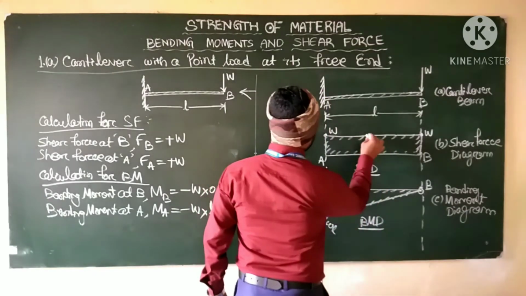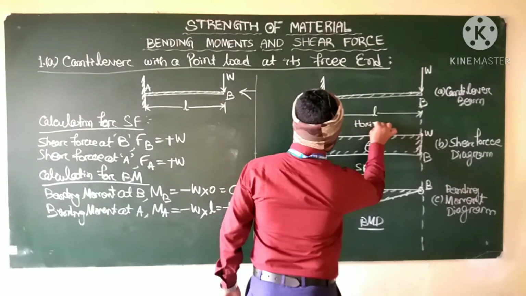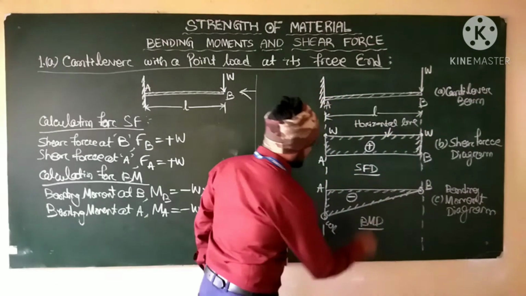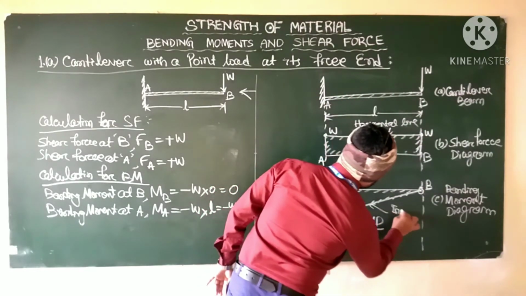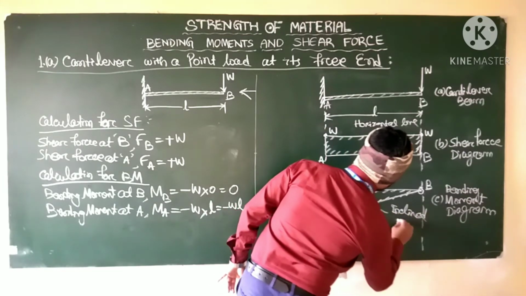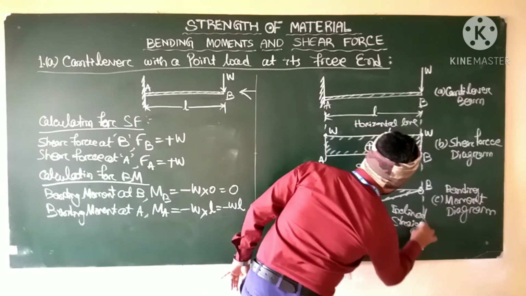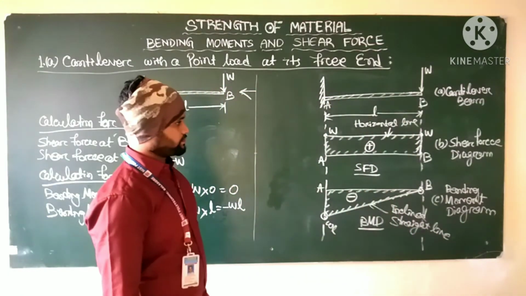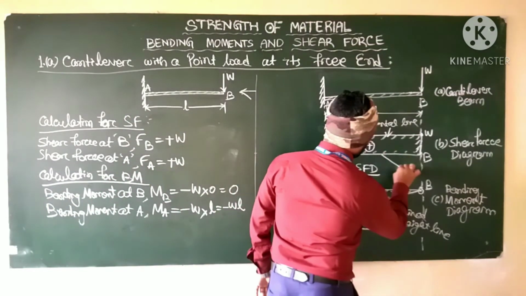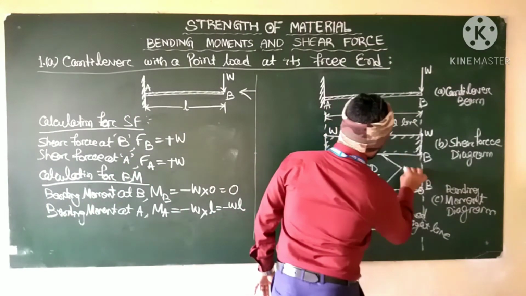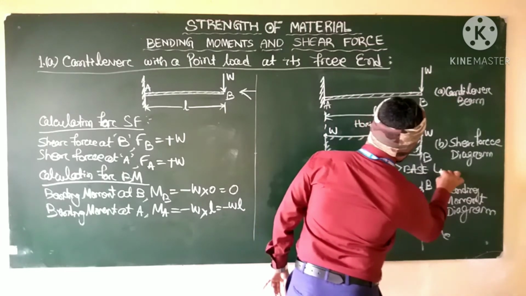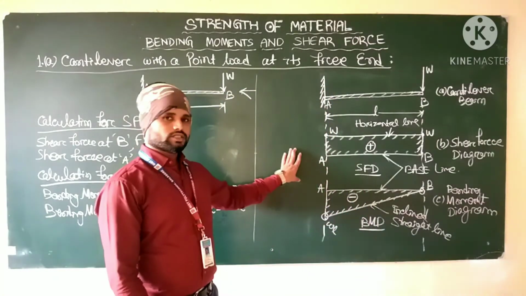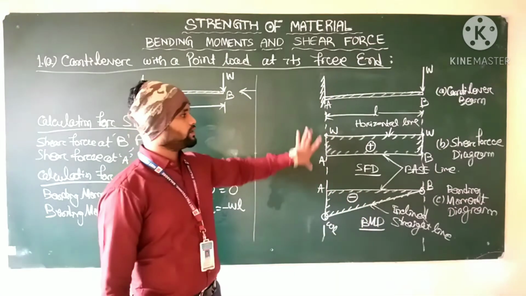And this is the horizontal line, and this is the inclined straight line. And these two are baseline. So you will understand this formula. According to the formula, we will draw the diagram.